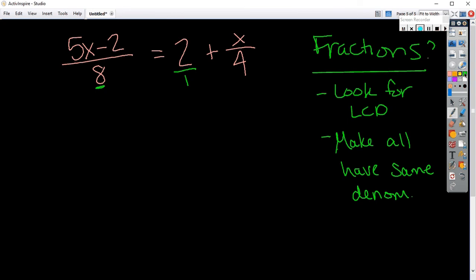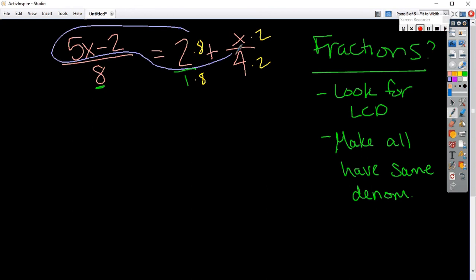And remember, if I do that, I got to do it to the top and the bottom. So I do times 8 and times 8. What's the second one become? What's it need, I mean? A 2. So I do it to the bottom and to the top. Once everybody's in the same denominator, you can just work with the numerators, and it makes life a whole lot easier.